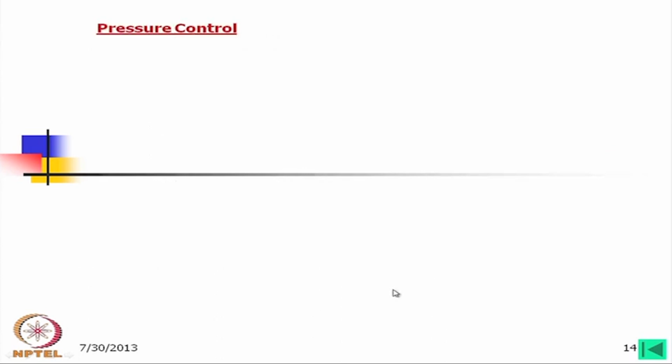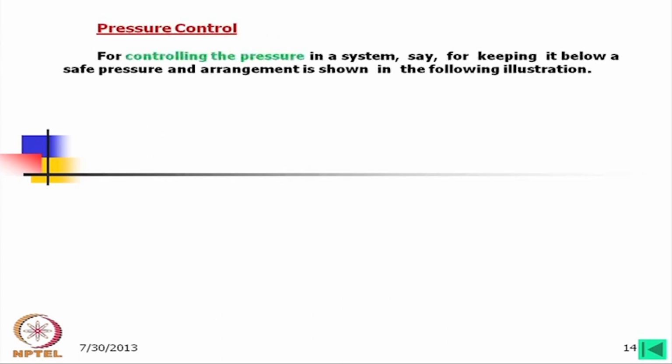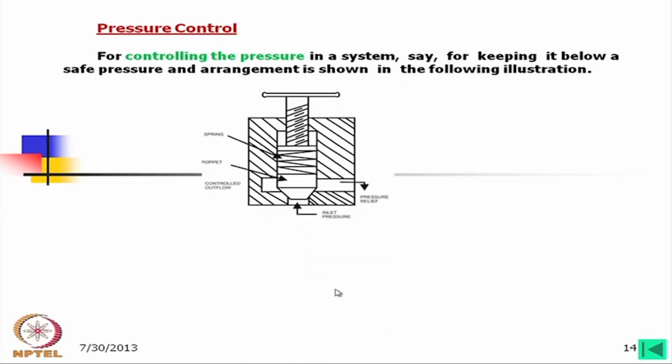Now, pressure control is done for keeping it below a safe pressure, and the arrangement is shown in the following illustration. Now, in this case, what is there? If you look into this figure, flow is going in from the bottom, and then there is a body which is called a poppet, it is under the pressure of a spring.